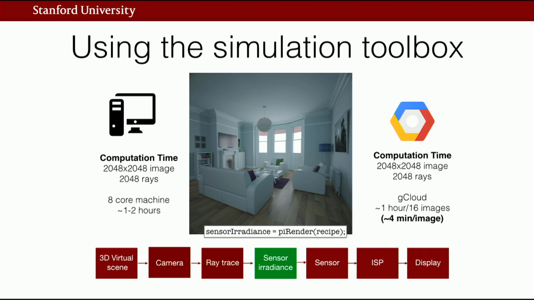With G-Cloud, you could run 16 of these images, so all the images from a single rig, in less than an hour. If you were to run it sequentially, that would be roughly 4 minutes per image. So that's a lot faster and can reduce the computation time immensely. To do that, you would simply change your render command to something like gcloud.render to specify that you want to render on the cloud.